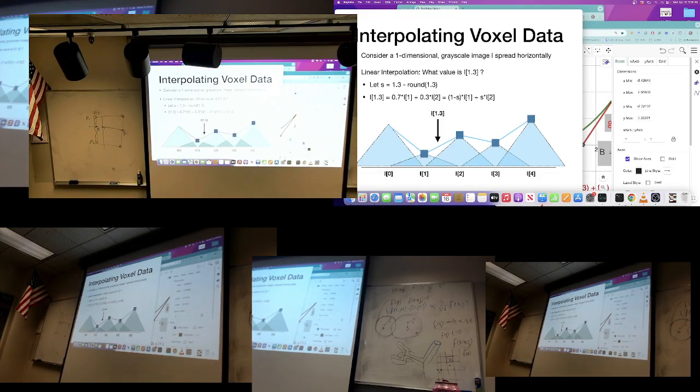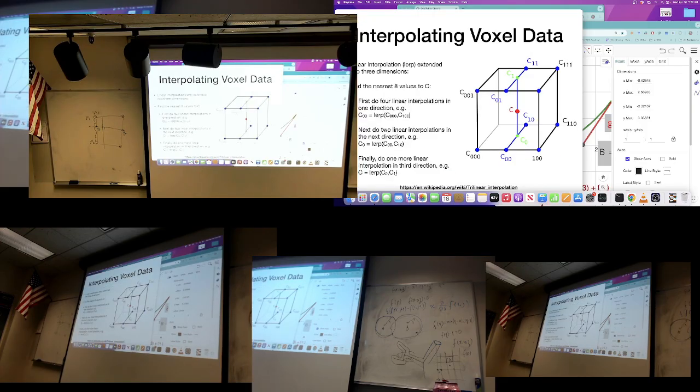But since we are talking about voxels, and a voxel has 8 corners, it's going to be a trilinear interpolation. Exactly the same idea. You have the values at the 8 corners. Now you can approximate the value at each intermediate point by first doing a linear interpolation by x, then interpolation by y, then interpolation by z. Exactly the same idea.